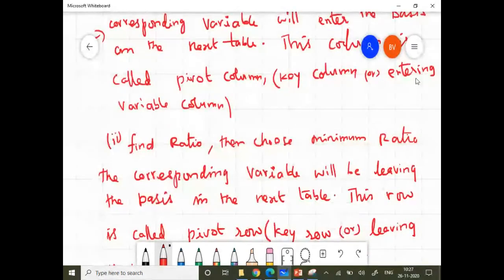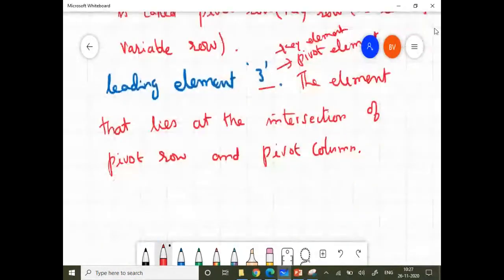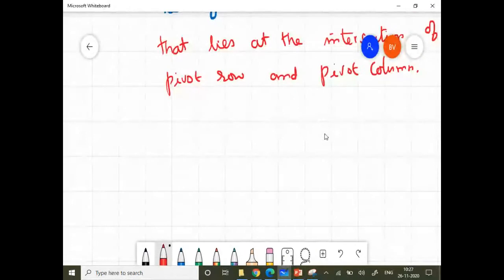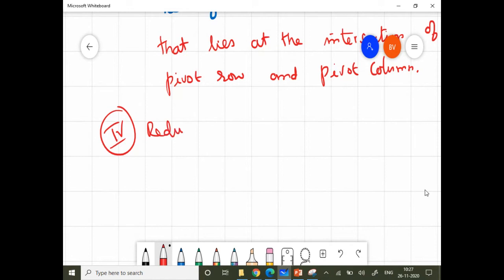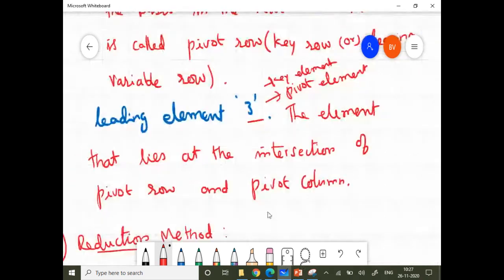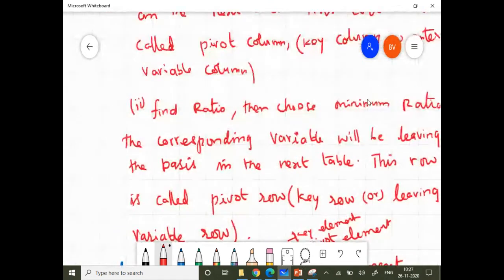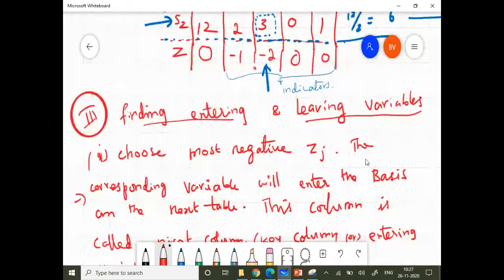Step number 4. We are here in step number 4. Reduction method. What to do with the reduction method? Just take this matrix. What is the matrix we are going to consider?